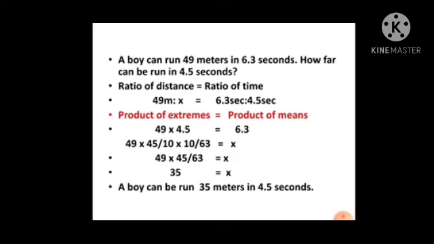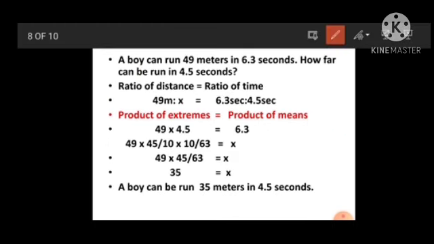Next example. A boy can run 49 meters in 6.3 seconds. How far can he run in 4.5 seconds? So in 4.5 seconds a boy runs x meters. Suppose the distance is x. So first we write the ratio.